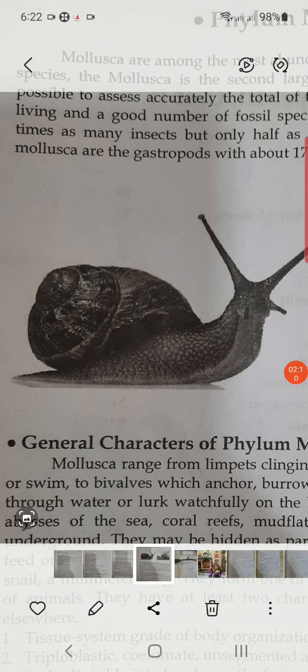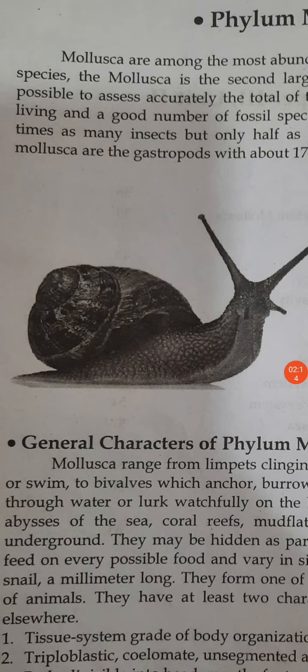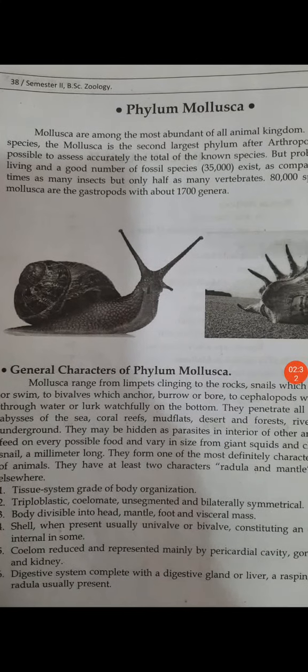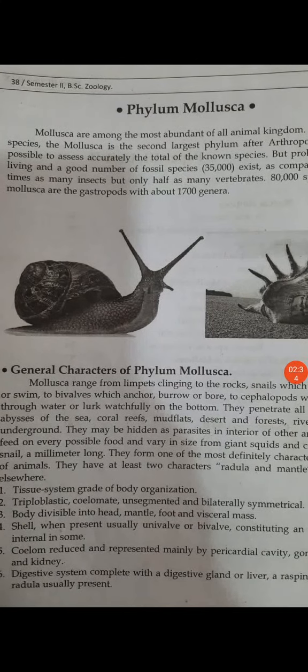They penetrate all habitats: the abyss of the sea, coral reefs, mud flats, desert, forest, river, lake, and underground. They may be hidden as parasites in the interior of other animals also. So everywhere you will find these animals. Now we see the general characters of this group.